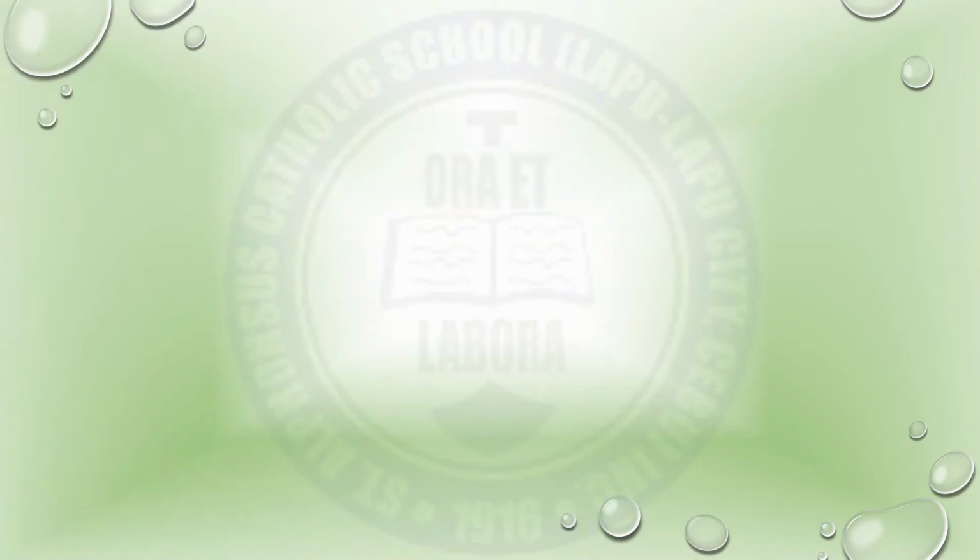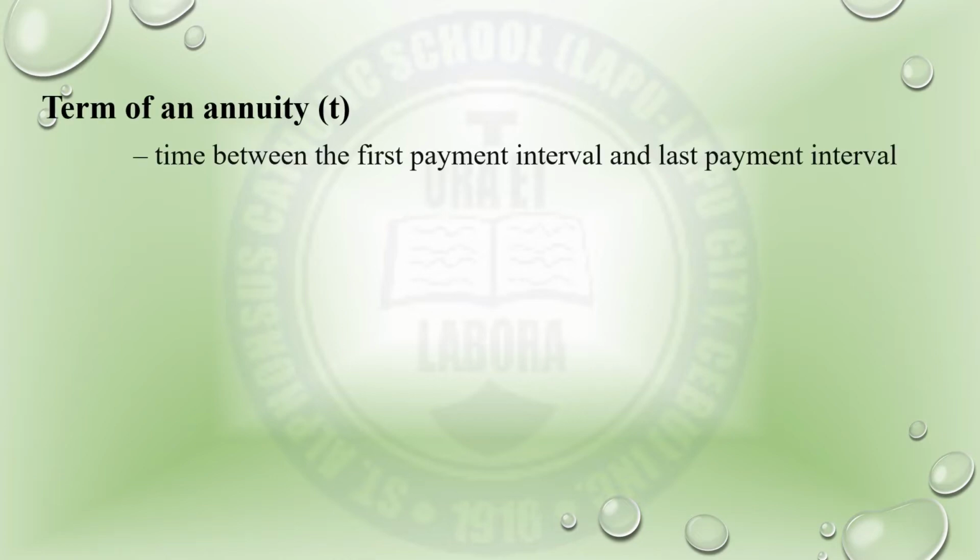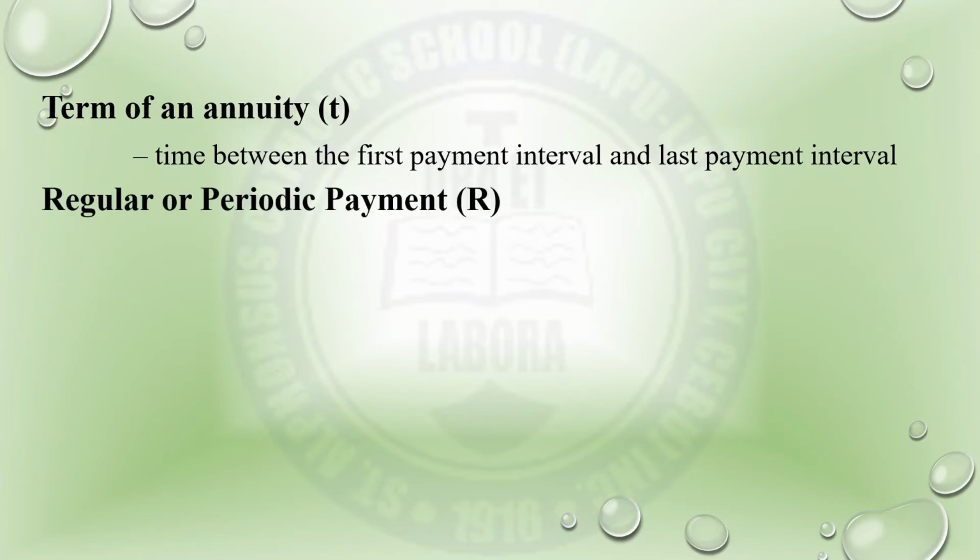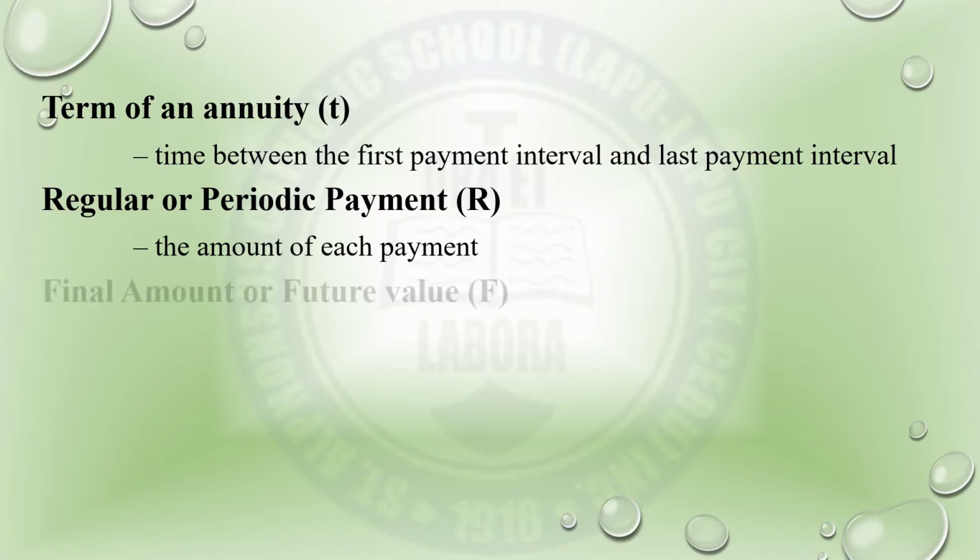This time we have to know some terms to be used for annuity. First is the term of an annuity, or T. This is the time between the first payment interval and last payment interval. We also have the regular or periodic payment, or R, the amount of each payment.